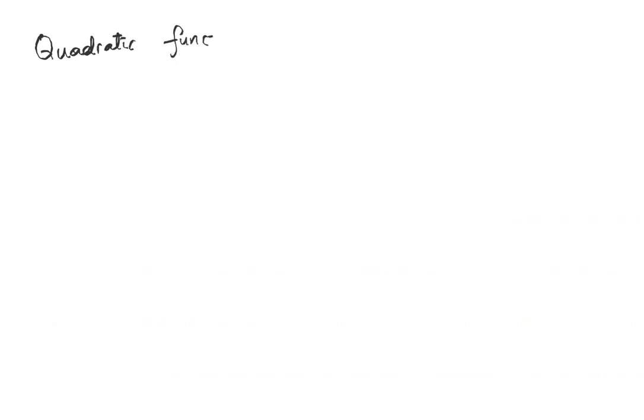You can write quadratic functions in 3 different ways. You agree with me? Okay, I try not to make it difficult. We can write in this way. This is called the general form.